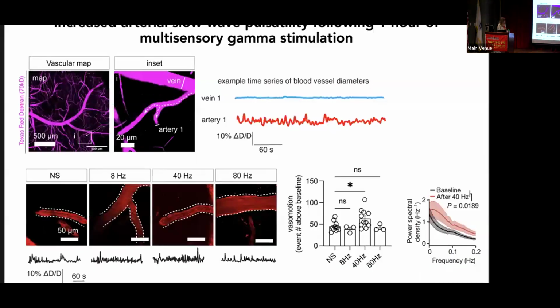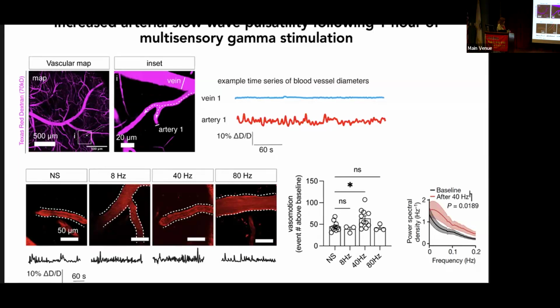And Mitch was able to show that the sensory stimulation can robustly increase the arterial vasomotion, and 8 Hertz and 80 Hertz stimulation did not cause a similar increase in the vasomotion.